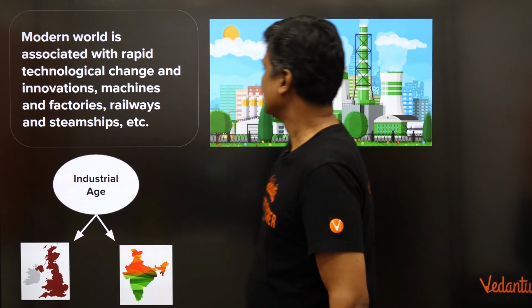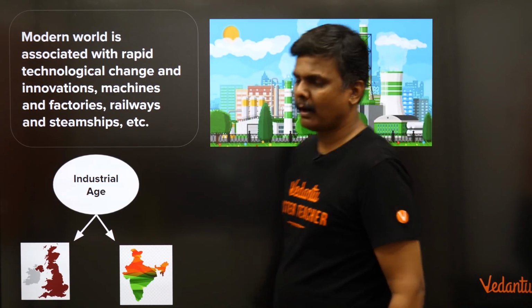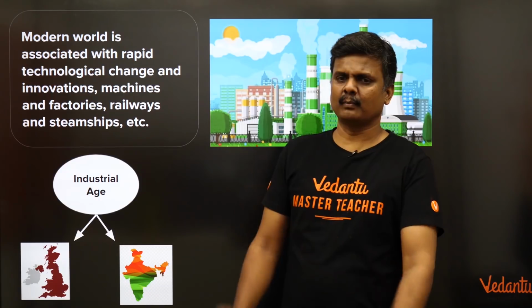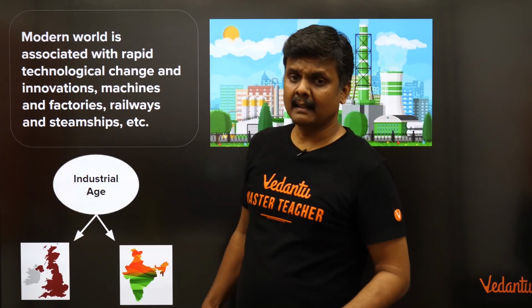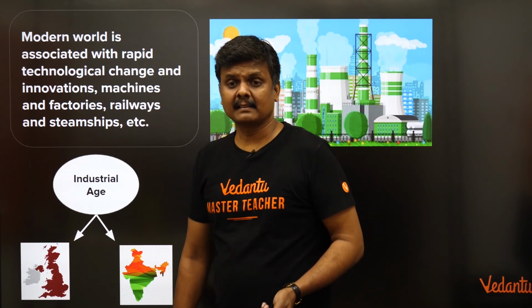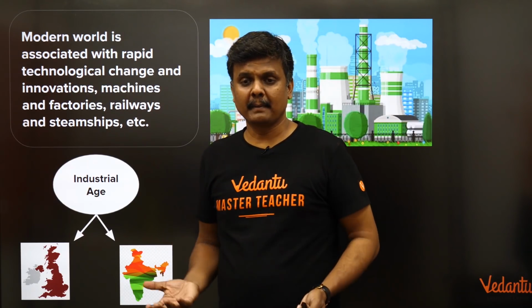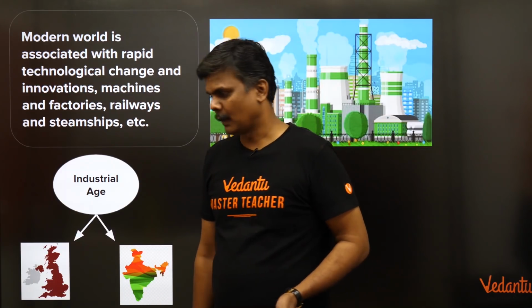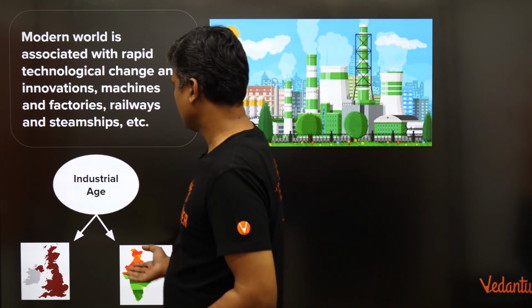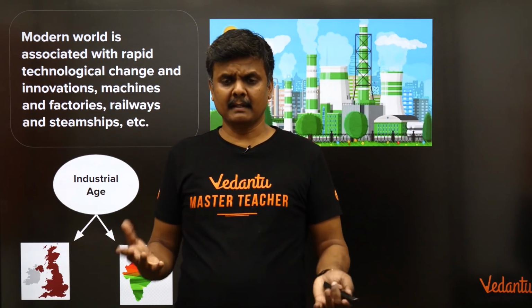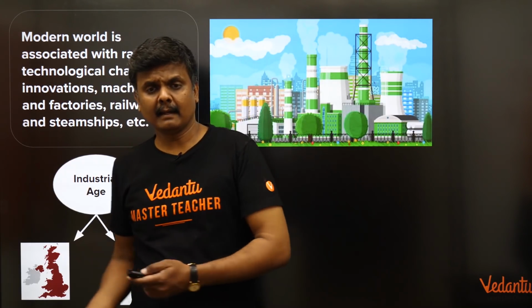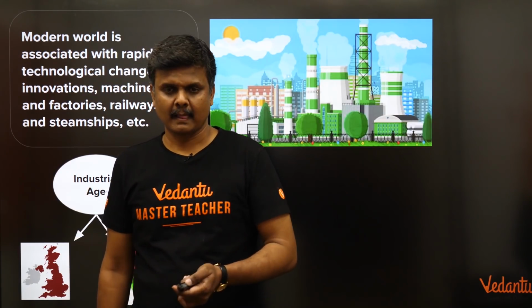As you see, the modern world has 2 very important things. One is the technological changes and innovations, and the other is people, human beings who work on that. When it comes to the industrial age, 2 important nations are Britain and India.